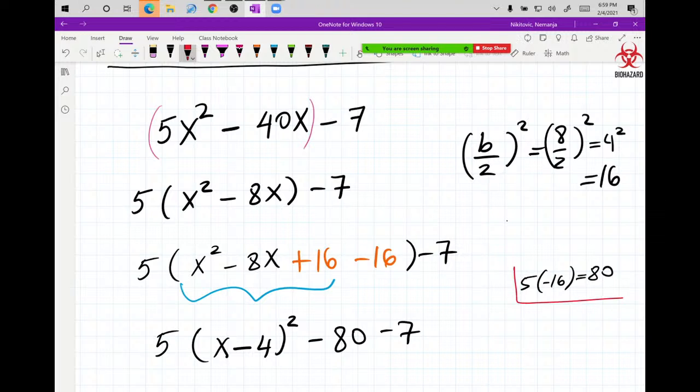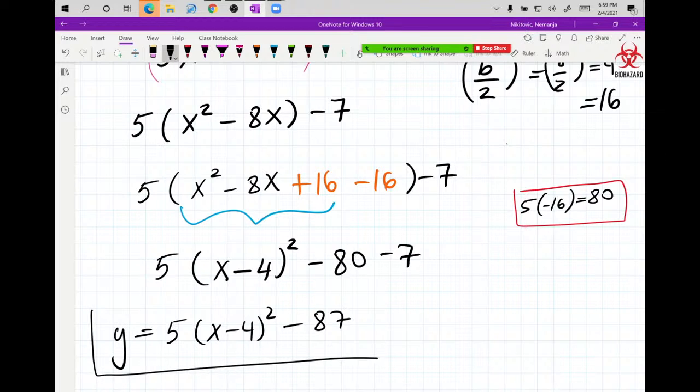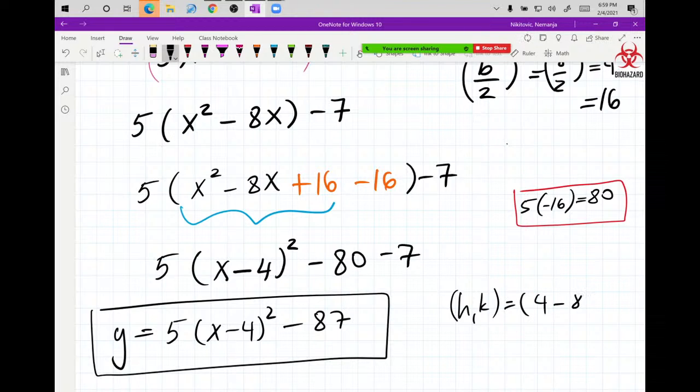I have to write this down because it's a grade slayer. And there you go: 5(x minus 4) squared minus 87. Woohoo. So we have our h comma k to be 4, negative 87.